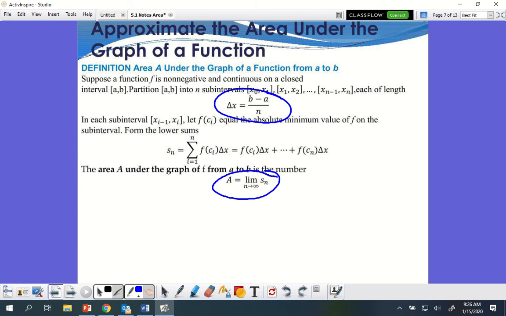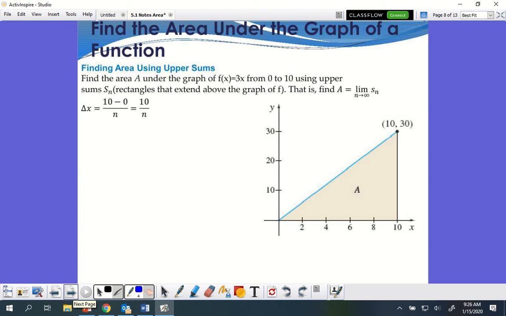So this is my speech I'm doing for this whole thing, and we'll talk about it in a second. For n being any number, the sum of rectangles extended above the graph, for this one, what shape is that? It's a triangle. Do I need to kill myself on the calculus for this? No. What's the actual area supposed to be? 150.